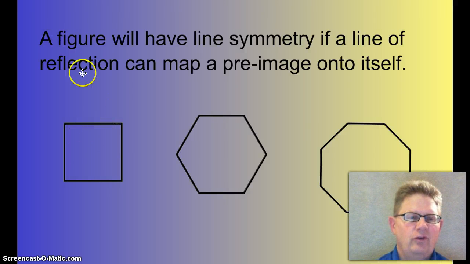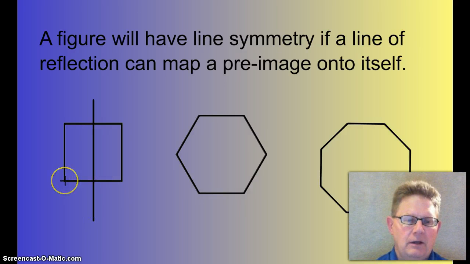So if you look at this figure right here, there will be a line of symmetry right there, so that if you fold this square upon itself, there will be a line of symmetry here.